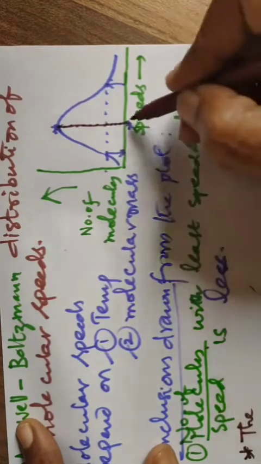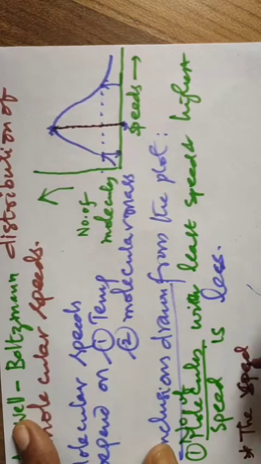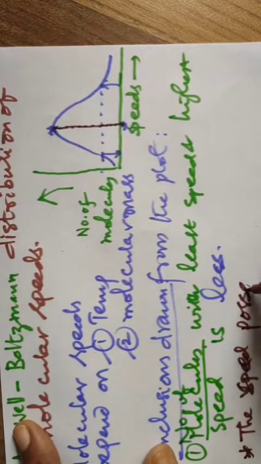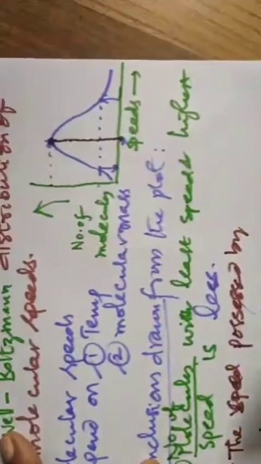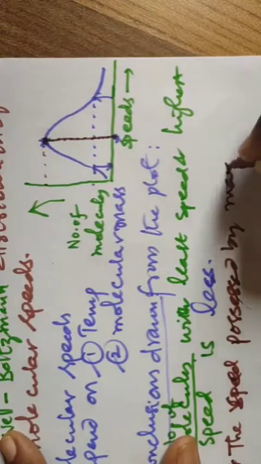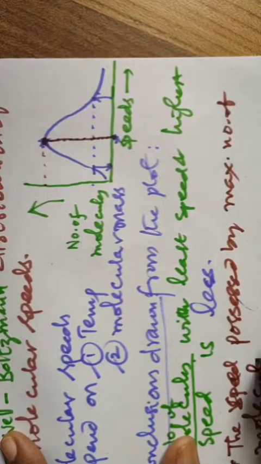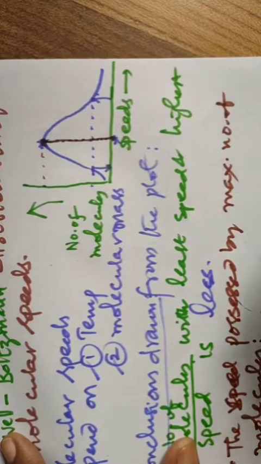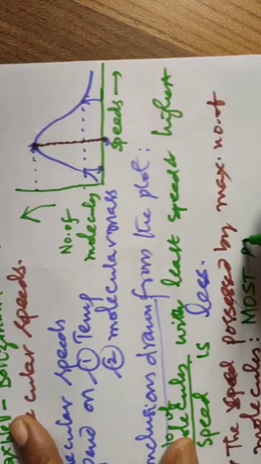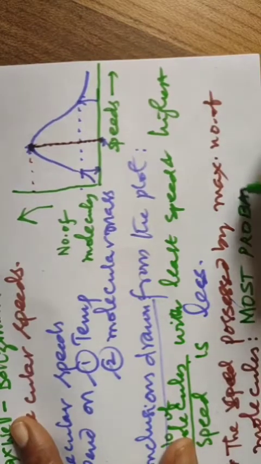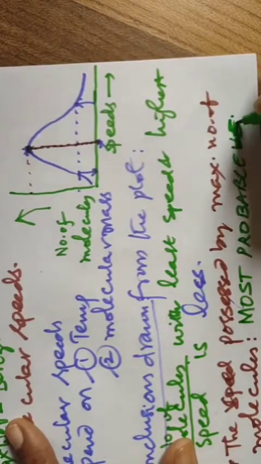This speed, possessed by the maximum number of molecules, is given a special name: the most probable velocity, or most probable speed.